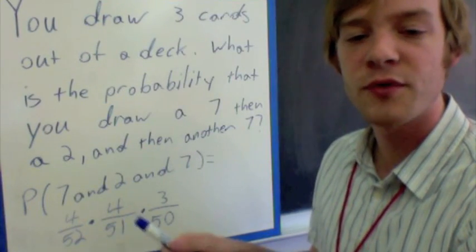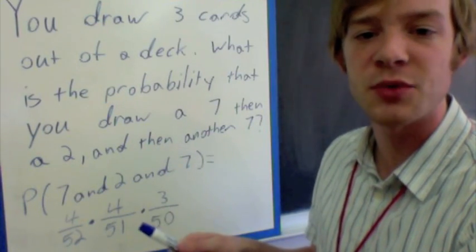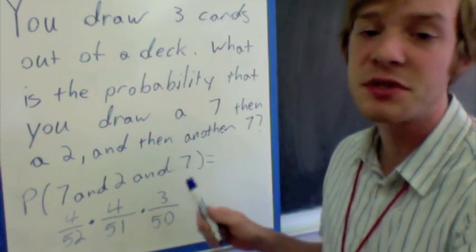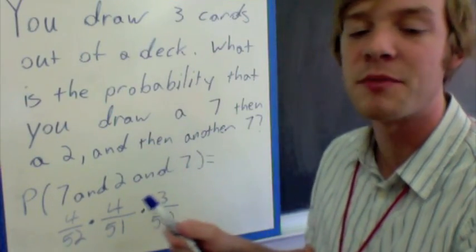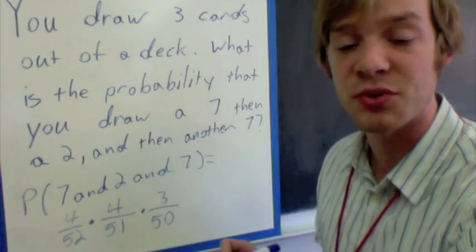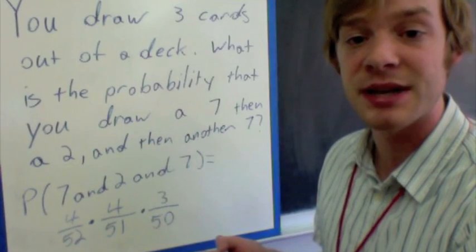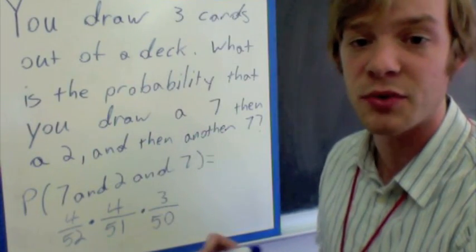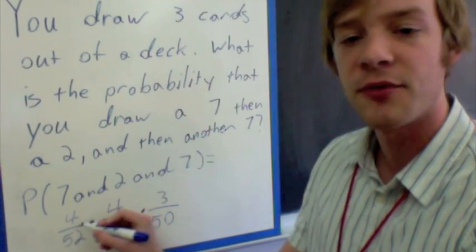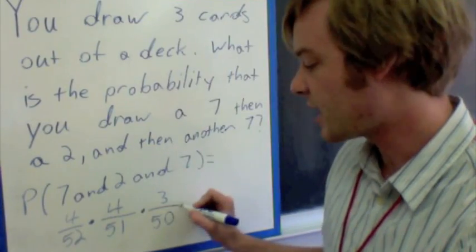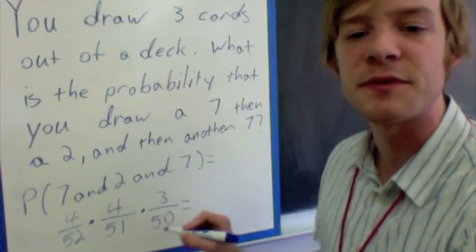And so we have 4 over 52 times 4 over 51 times 3 over 50. This is going to be the whole compound probability when we multiply these 3 together. We're going to multiply these together just like regular fractions, so we multiply all 3 of our numerators, so 4 times 4 times 3, and then 52 times 51 times 50.